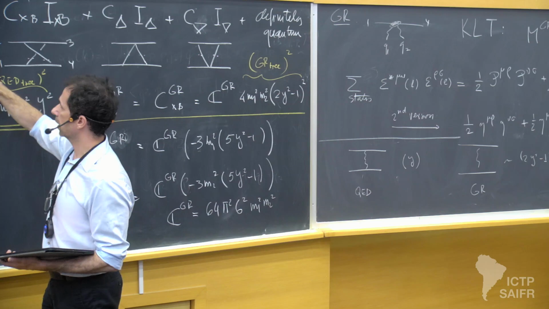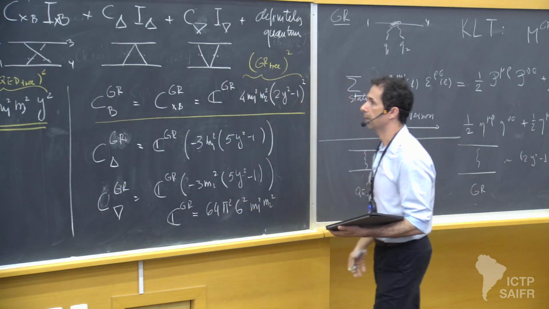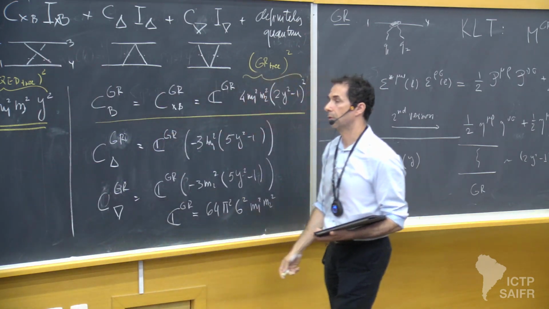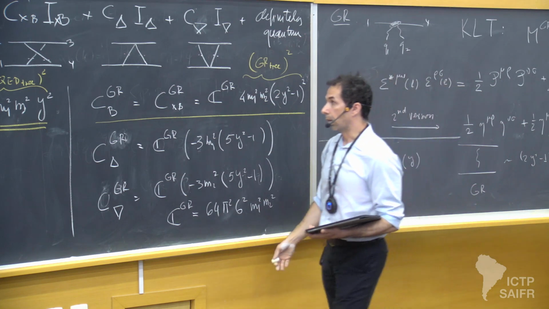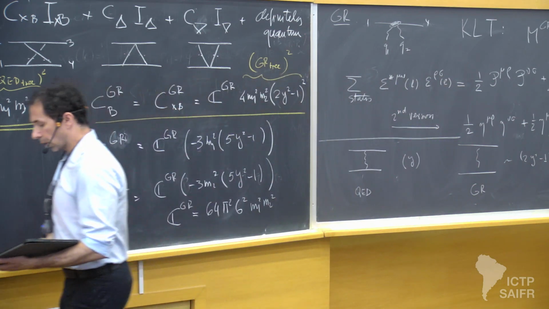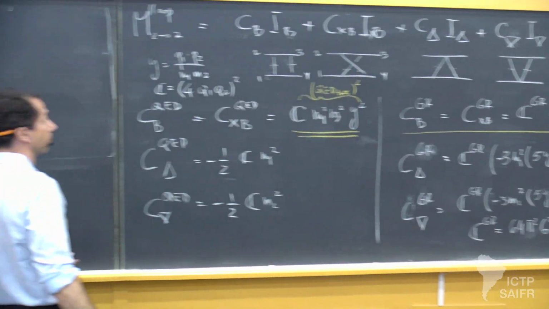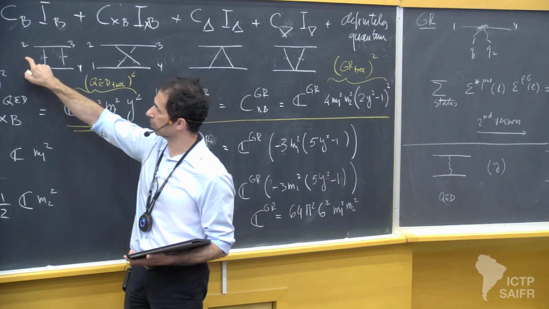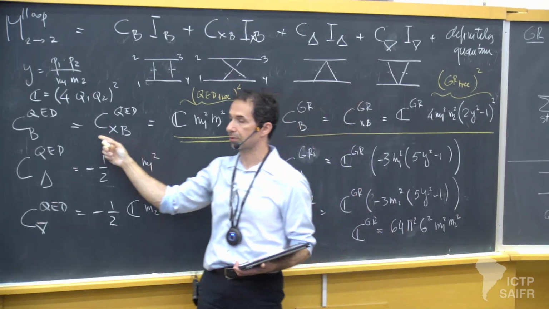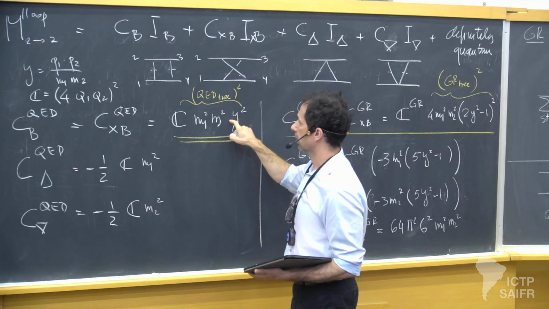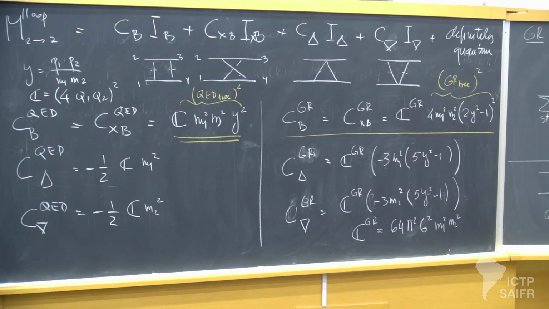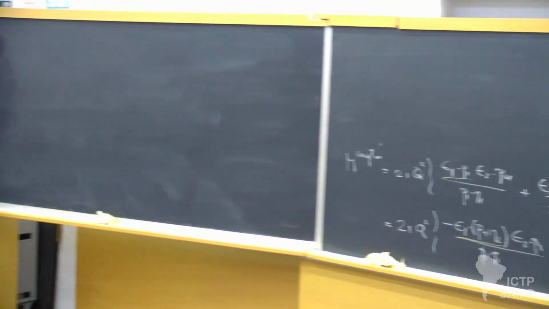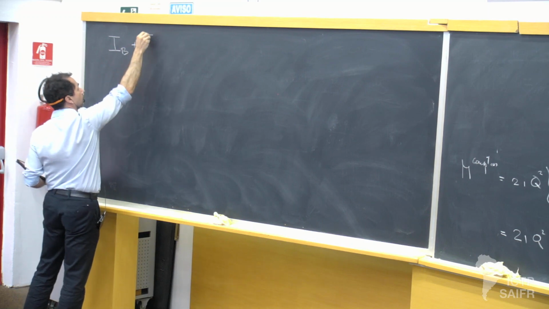So let's try to analyze the boxes a little bit, shake them into some form, and tomorrow we are going to see that for us they will also go away when we construct the Hamiltonian and the radial action. How do we proceed? We proceed based on the observation that the coefficient of the box and the coefficient of the cross box are in fact the same. They're both equal to something. It doesn't exactly matter what they are at the moment. What matters is that the two boxes actually add up.